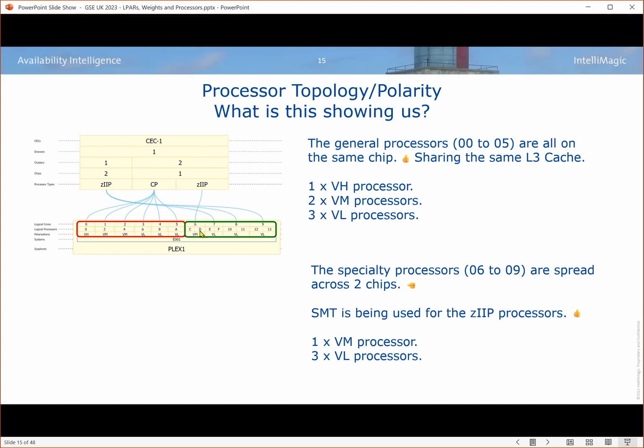Just as a side note, we can see that we're using SMT for these processors. So processor number 6, logical core 6, has logical processors C and D, okay? So we see this kind of information in the topology data that I told you about.